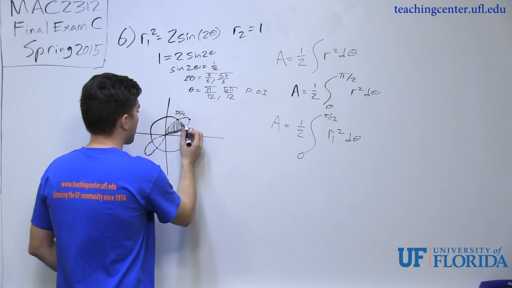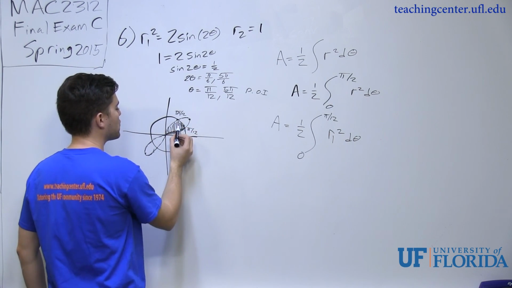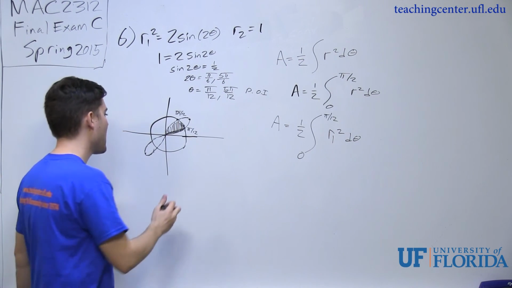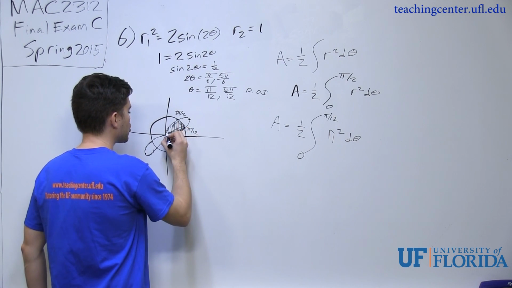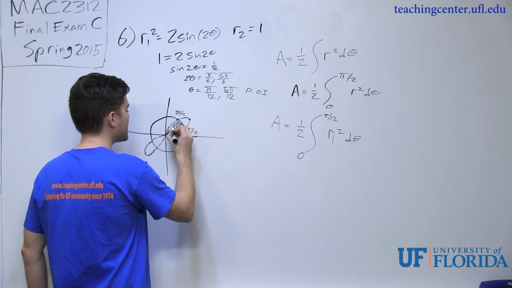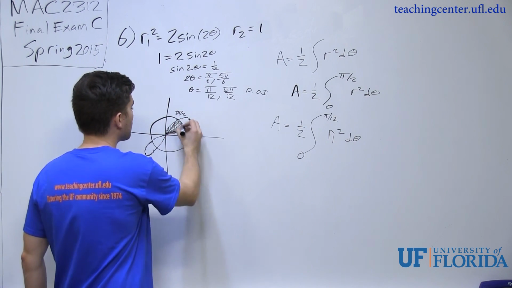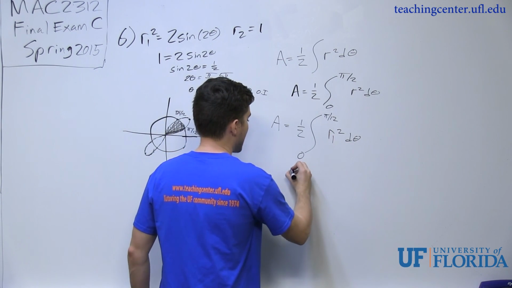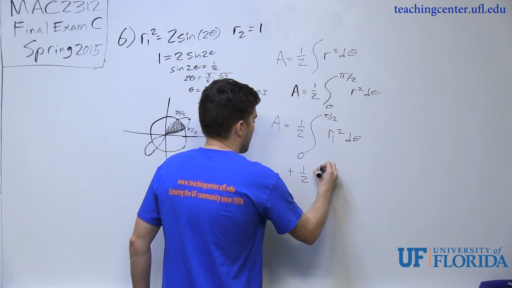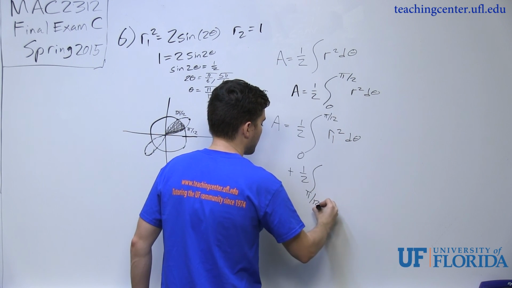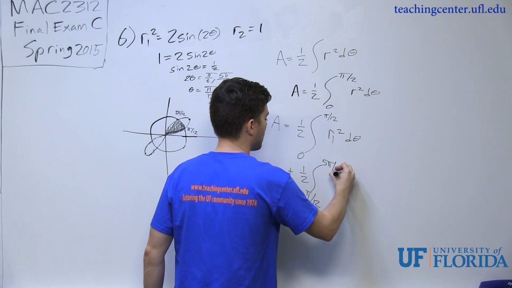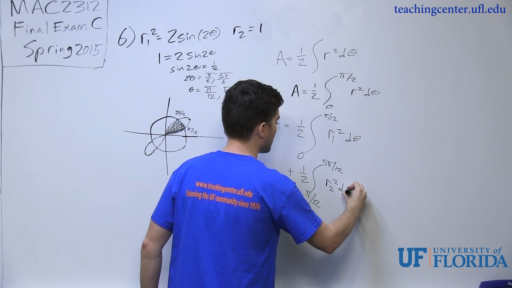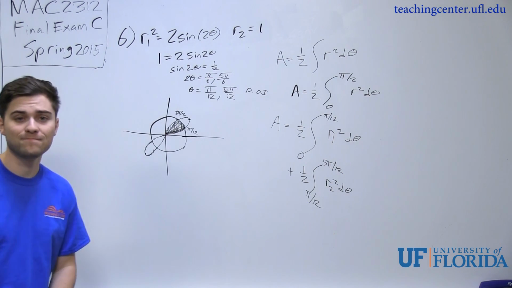Now, from this intersection point, pi over 12, to 5 pi over 12, the other intersection point, if I look at where my radius is tracing, it's actually tracing along the curve of the circle. So what that tells me is that from pi over 12 to 5 pi over 12, I have R2 squared d theta.